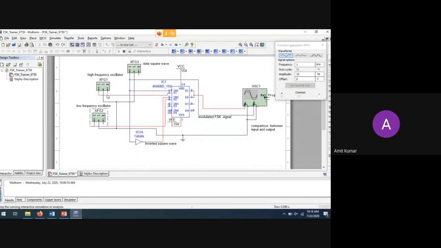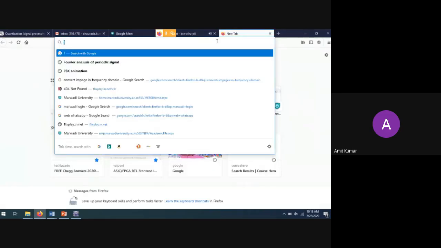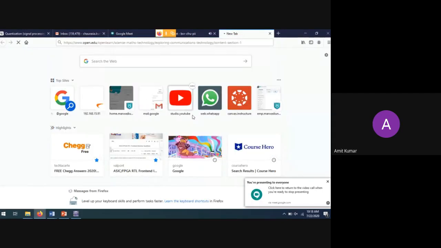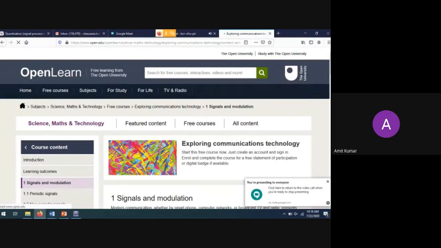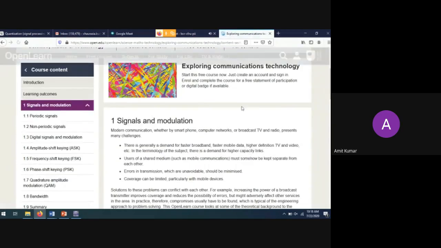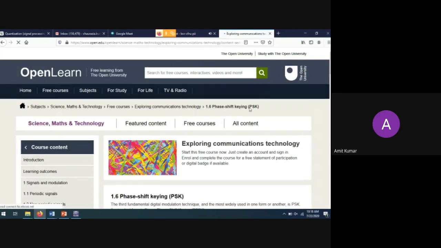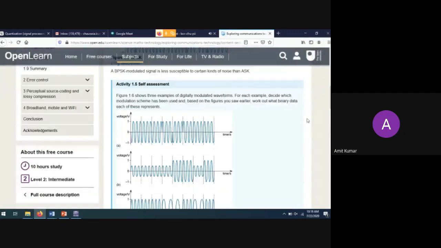So your task is, there is another task. We have discussed an open course for signals and modulation. So you have to go there. Before using this interactive session, you have to log in to this account, so you have to create your account.